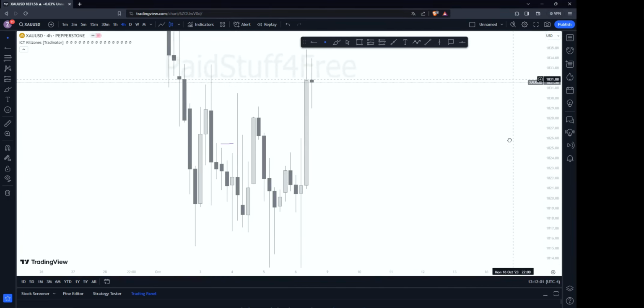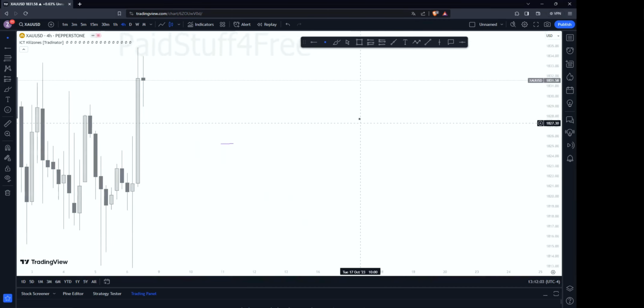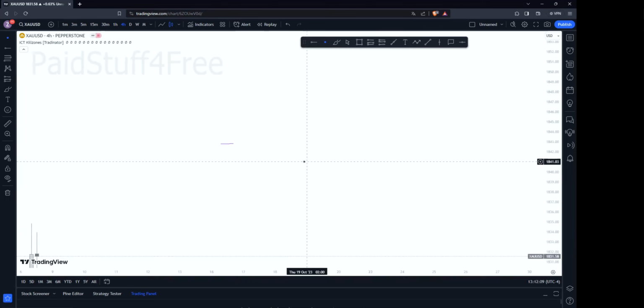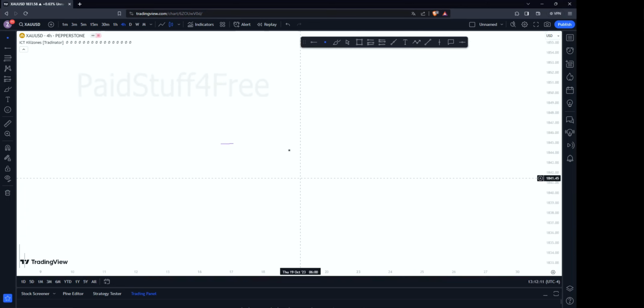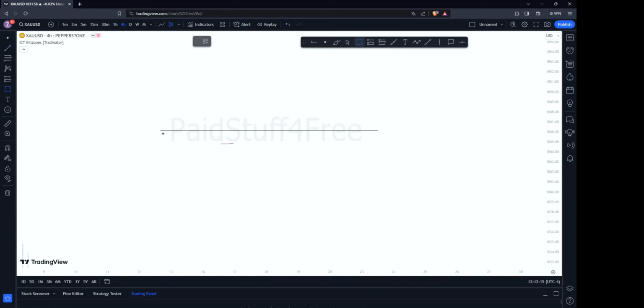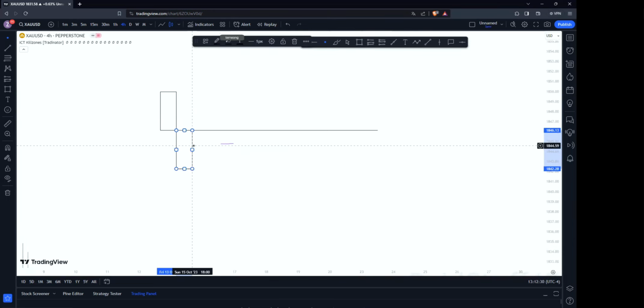What does that mean? A level that is fresh simply means that the level has not been gone through by a body, or nothing has touched it. So let me show you here. Give me an example. What type of SNR should I pick? A, V or gap? Gap. Gap, okay, let's pick a gap right here. Let's change this color.